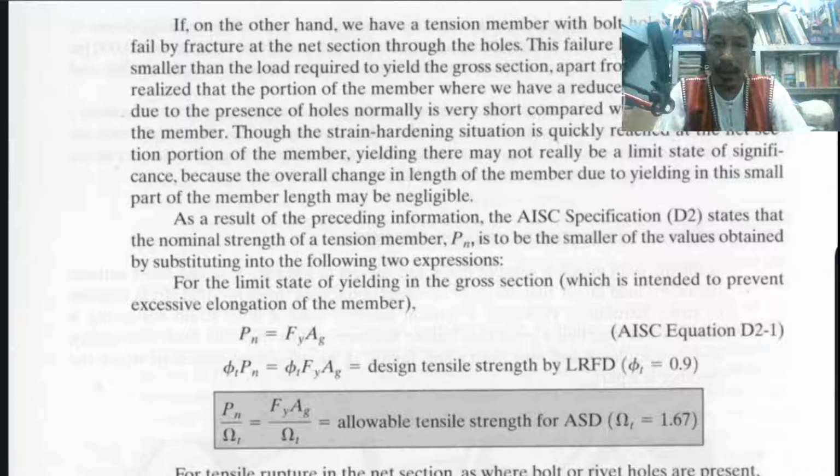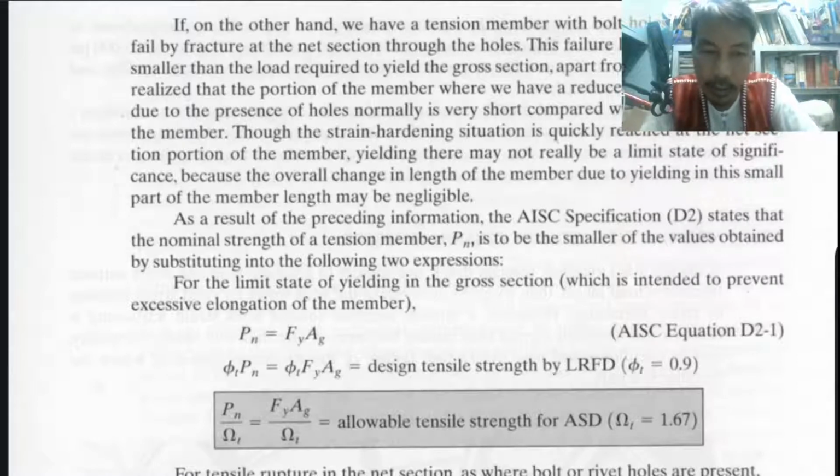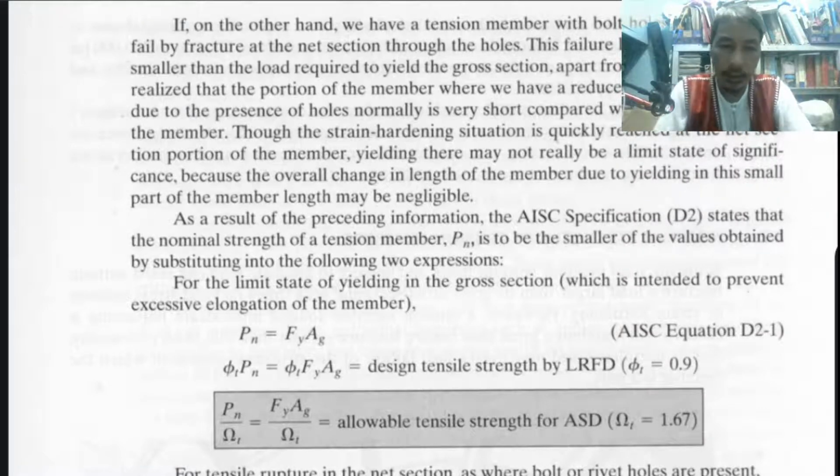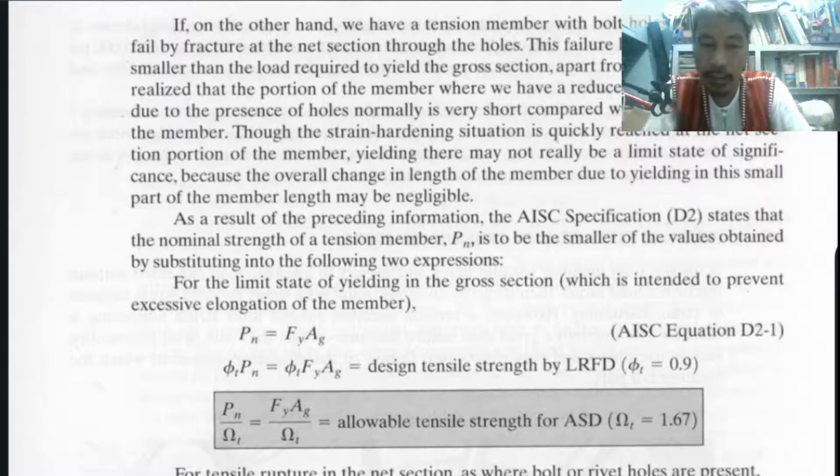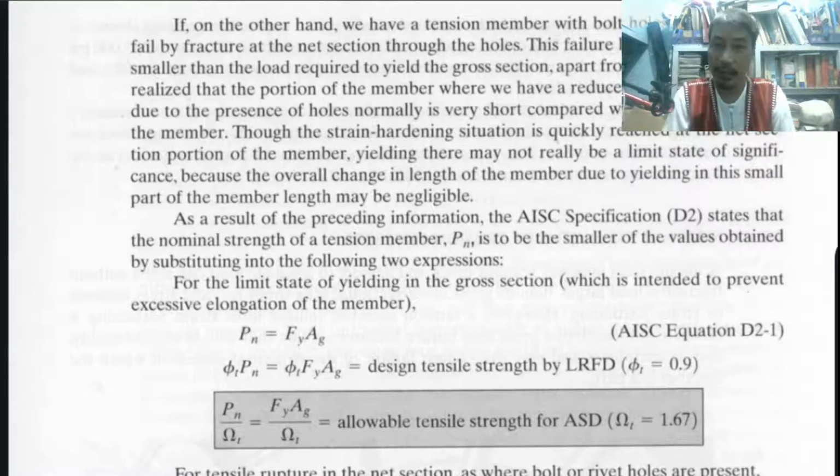So for the ASD method of solution, omega t is equal to 1.67. Therefore, Pn divided by omega t is equal to yield strength times gross area divided by omega t. So we can compare using equation D2-1 as the original concept.